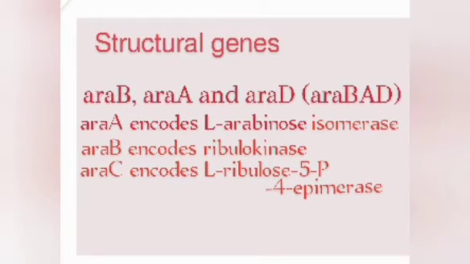What are the structural genes? The structural genes encode enzymes for the L-arabinose catabolism. ARA-A encodes L-arabinose isomerase, which catalyzes the conversion or isomerization of the substrate L-arabinose to L-ribulose.